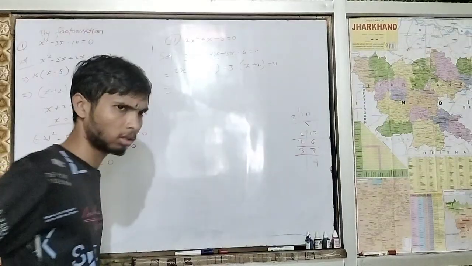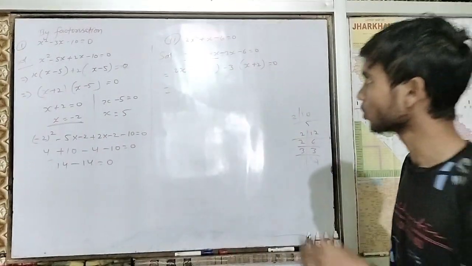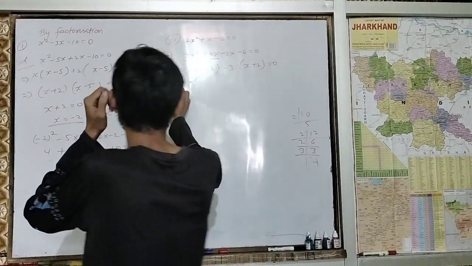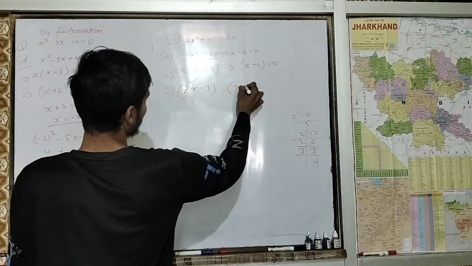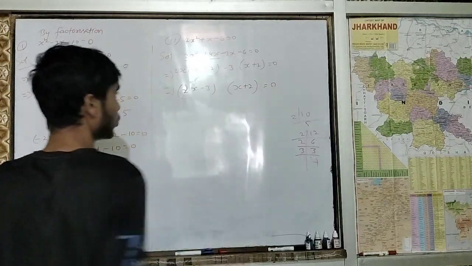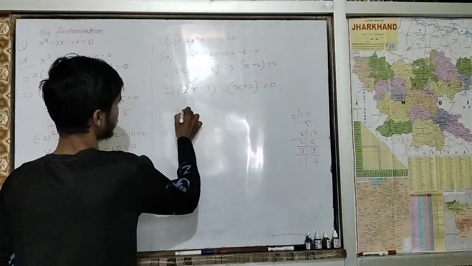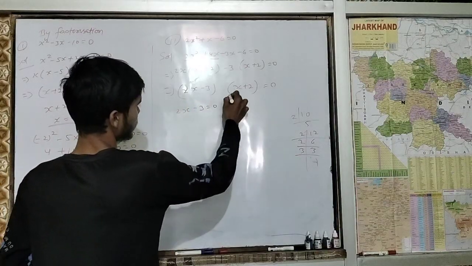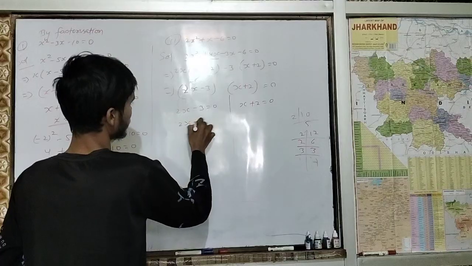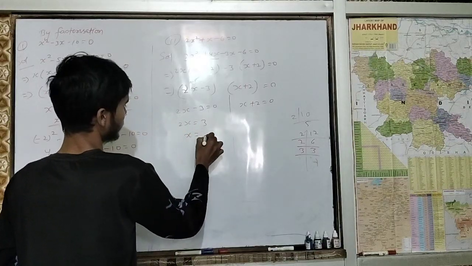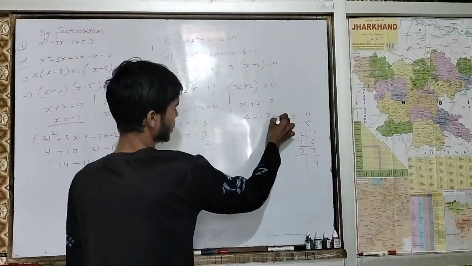Now whatever terms are outside, write all those terms in one bracket. So 2x minus 3 and here x plus 2. What to do in the next step? 2x minus 3 is equal to 0, and x plus 2 is equal to 0. 2x is equal to 3, so x is 3 upon 2, and the other is minus 2.